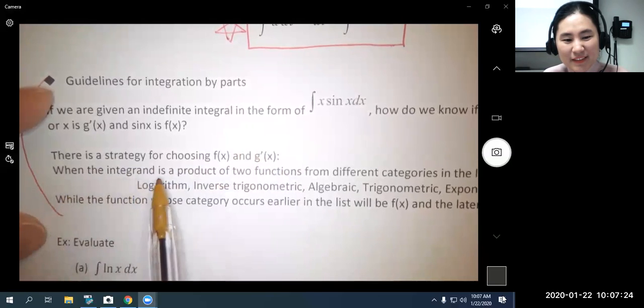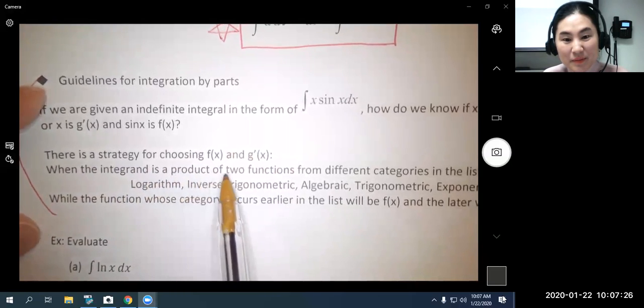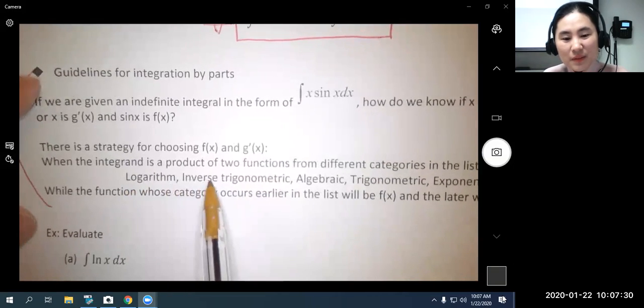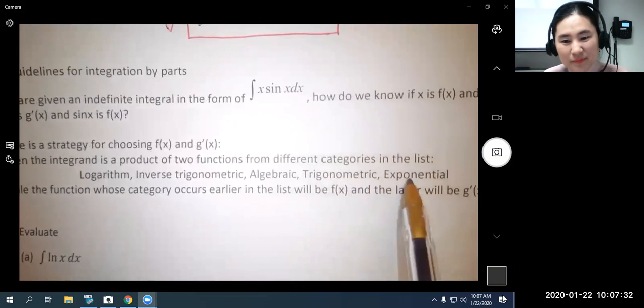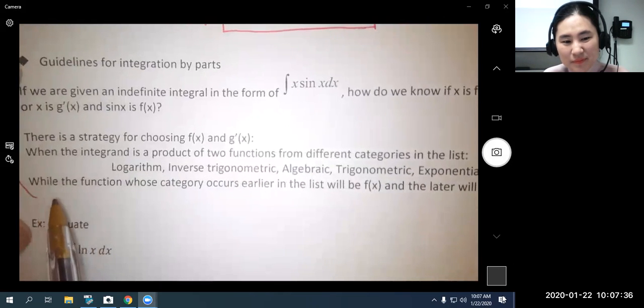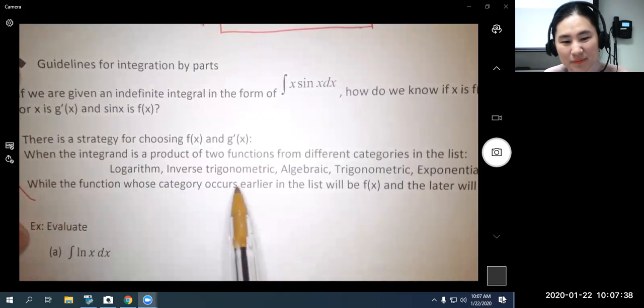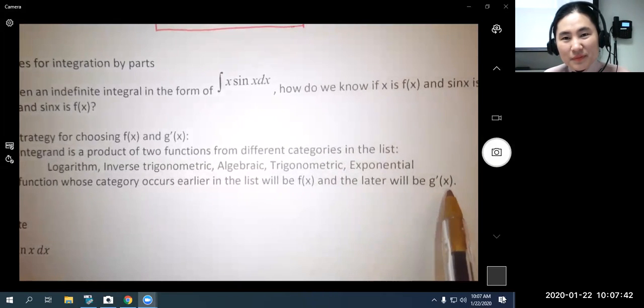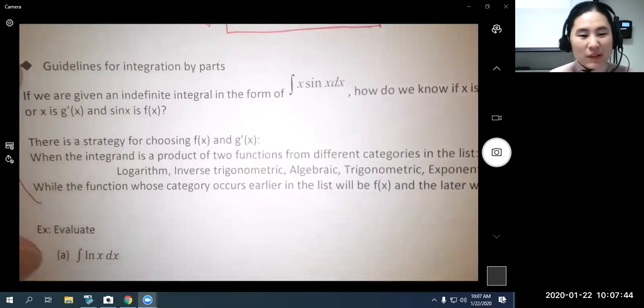When the integrand is a product of two functions from different categories on the list, logarithm, inverse trigonometric, algebraic, trigonometric, exponential, the function whose category occurs earlier in the list will be f of x and the later one will be g prime of x. Very good, thank you, okay?